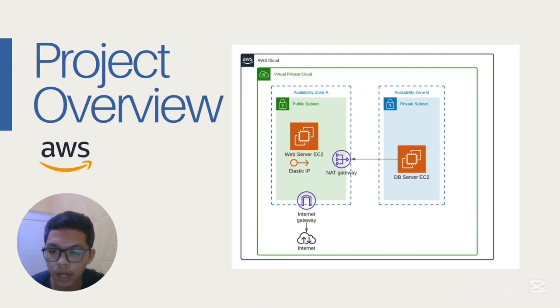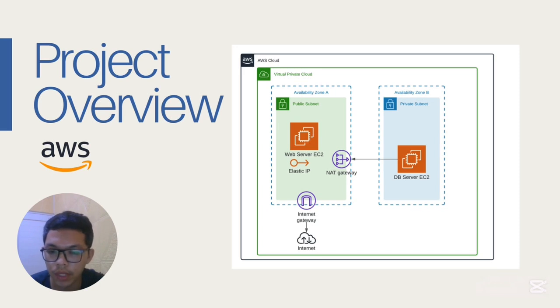So after that, I have to ensure that the route tables are correctly configured, which means the public subnet traffic should go directly to the internet by the Internet Gateway, and the private subnet traffic should go to the internet through the NAT Gateway. This is what we wanted.